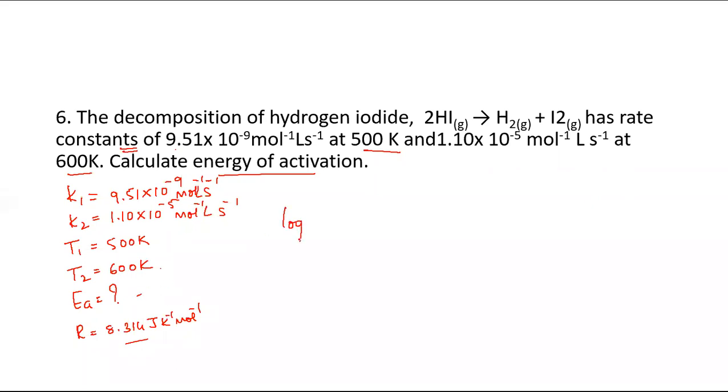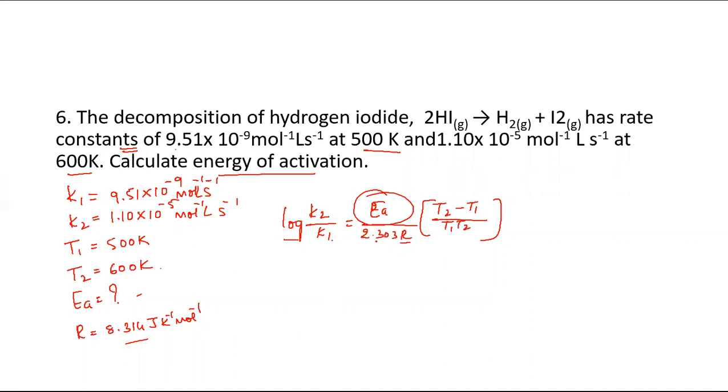And the formula is log K2 by K1 is equal to EA by 2.303 into R, T2 minus T1 by T1 into T2. Okay, just you have to calculate the EA value. See how you rearrange it. First you substitute the value here, divide the value, then find out the log for that.